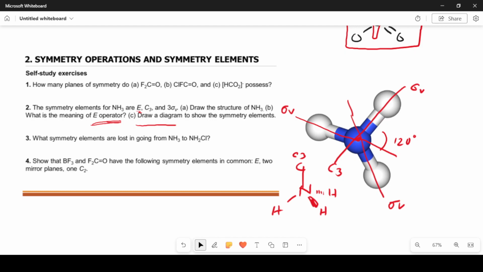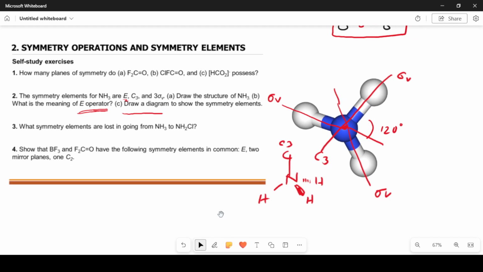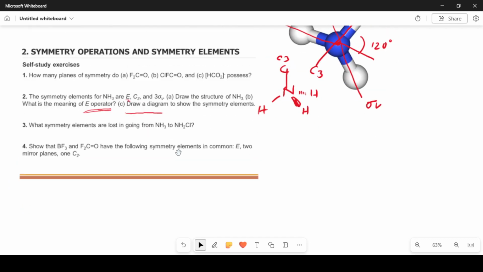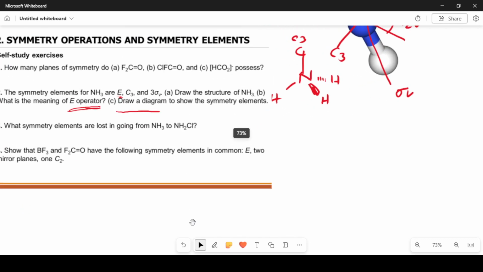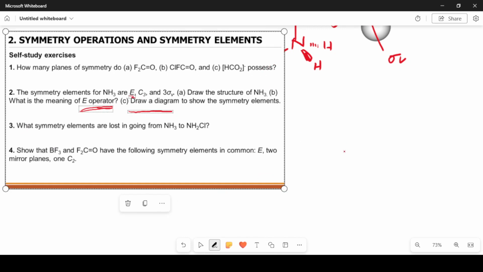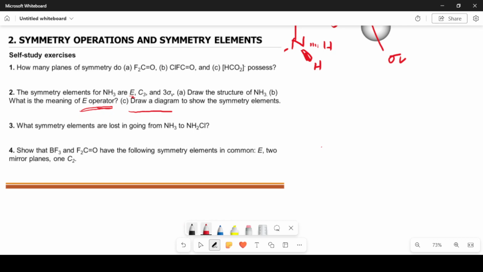Now, what happens, guys, if one hydrogen of our ammonia is substituted by another substituent, such as in NHCl? From this, it becomes like this: H, Cl, and H. What was lost from our ammonia, in terms of symmetry elements? Do we still have a C3 here?